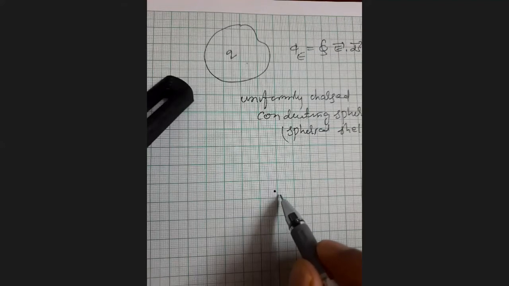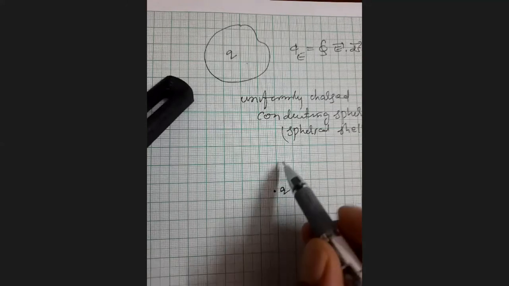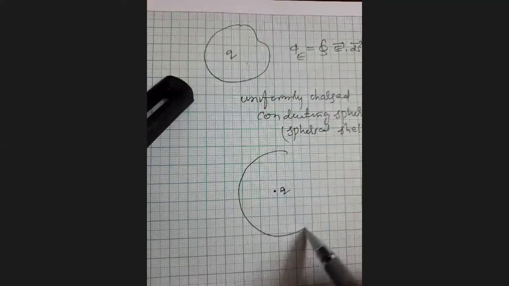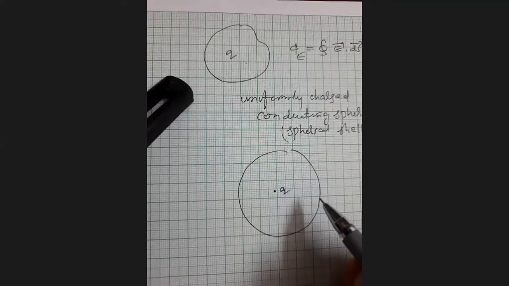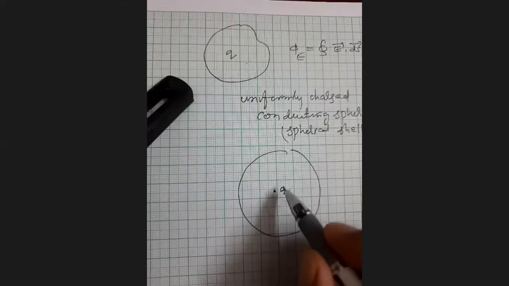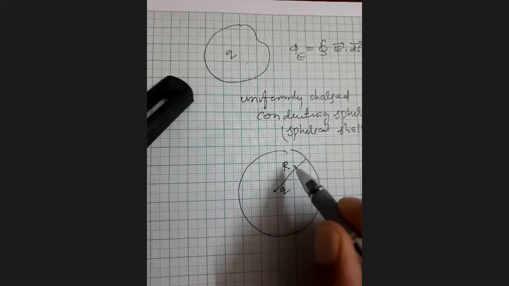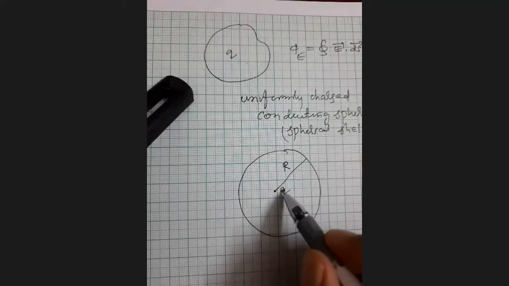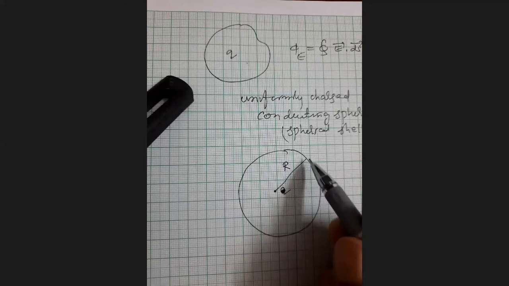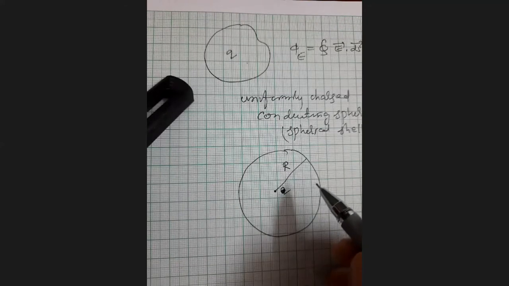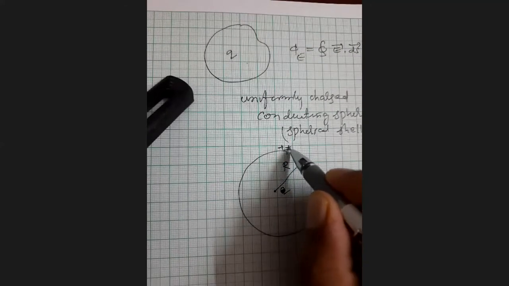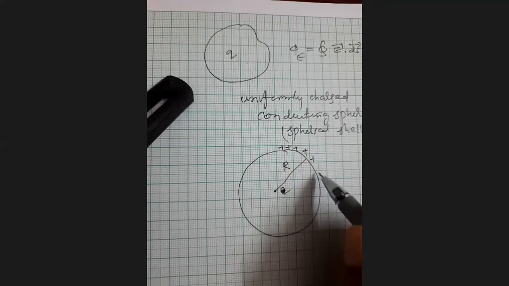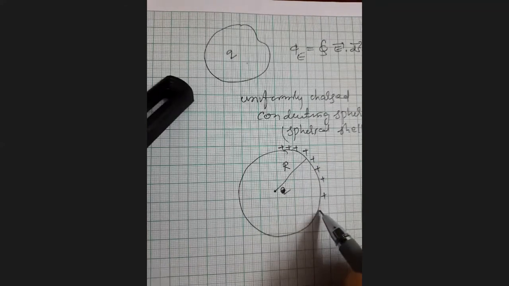The charge Q is placed in the spherical shell or conducting sphere of radius capital R. Since the conducting sphere is charged uniformly, here you should remember that the charge resides on its surface only.